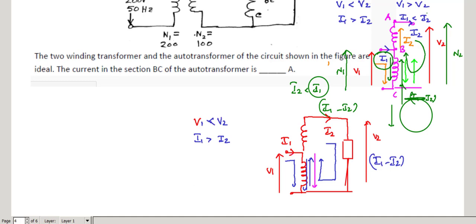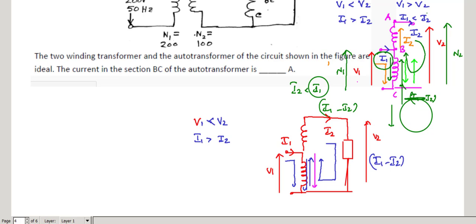In that winding, the resultant current flows in the direction of the dominating, higher current.